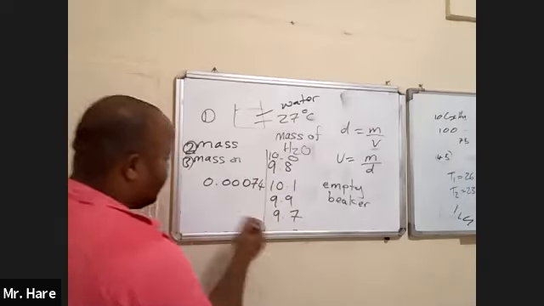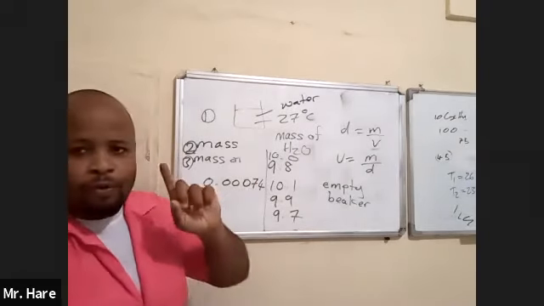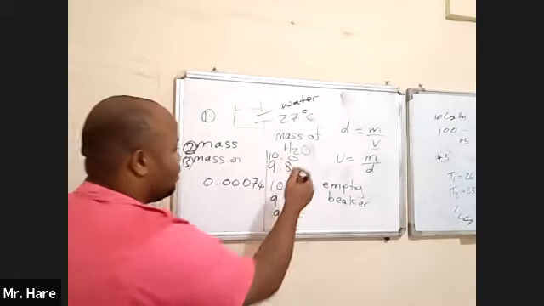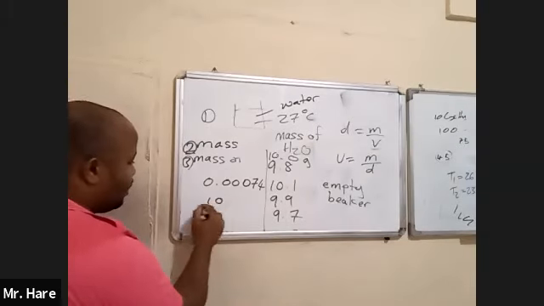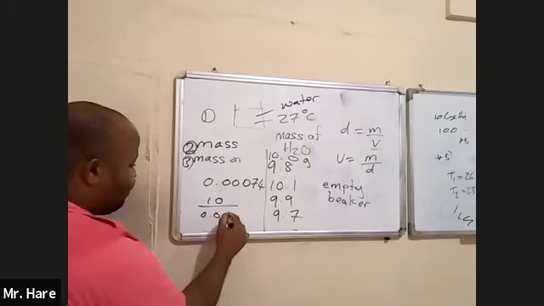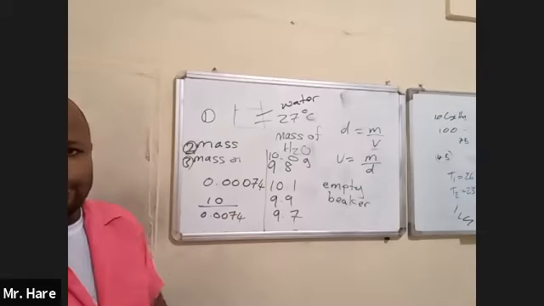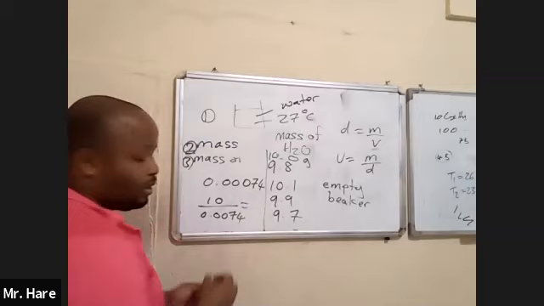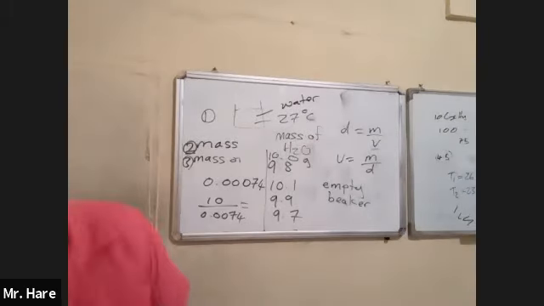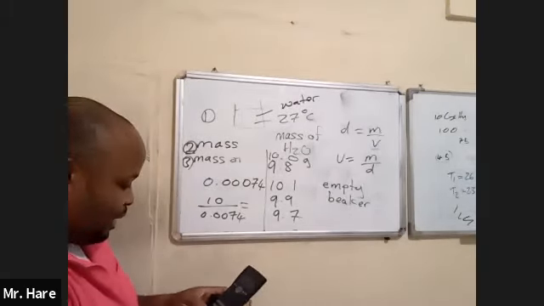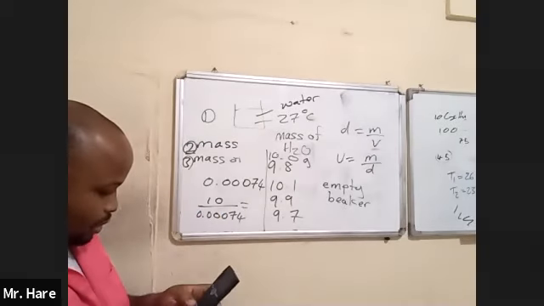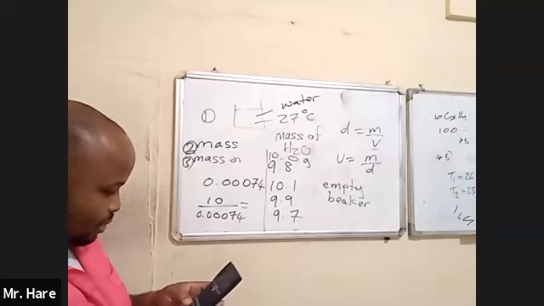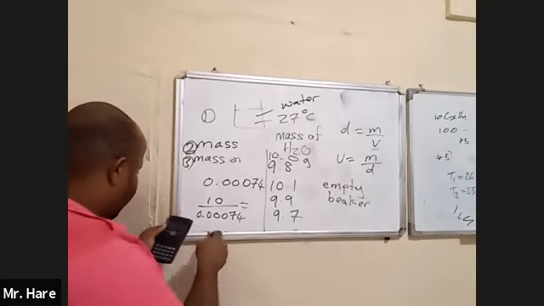The volume of 10 grams of water would be 10 divided by 0.00074. I would have gotten 13.5.